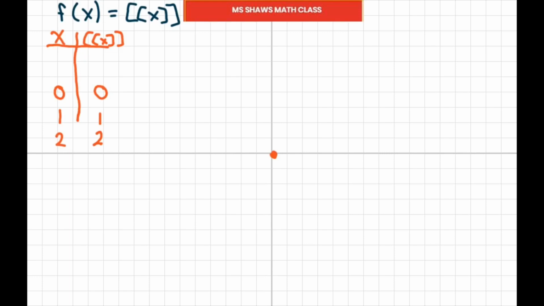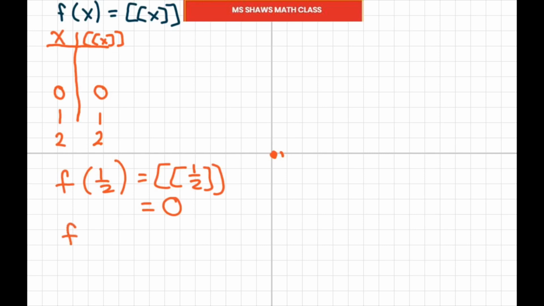Let's look at 1/2. If I look at f of 1/2, it equals the greatest integer of 1/2 less than or equal to x. So that's going to go to 0 because you have to round down. All right, let's just keep doing positive, 3/2.